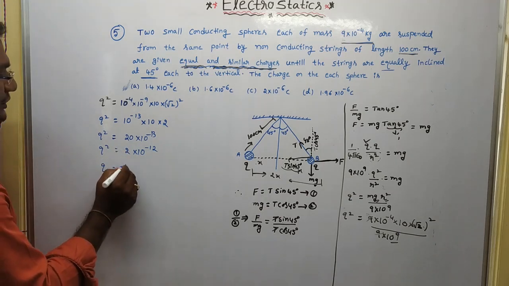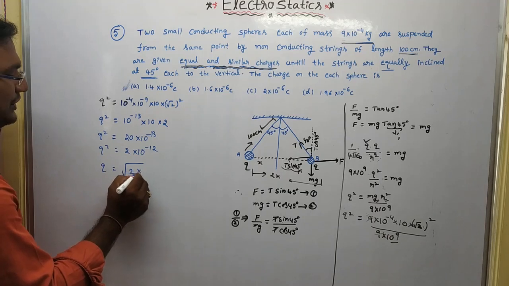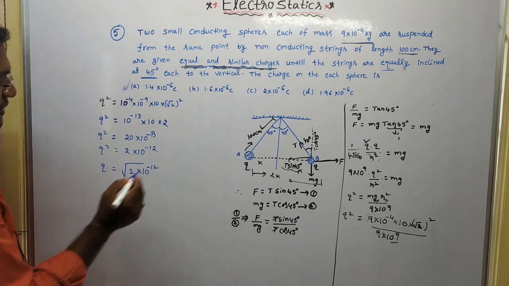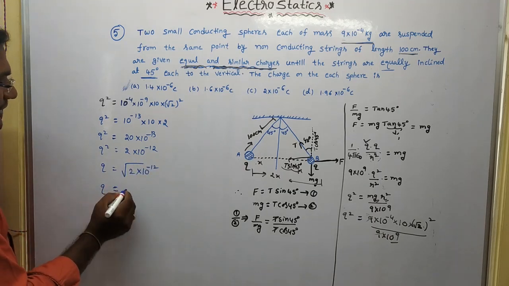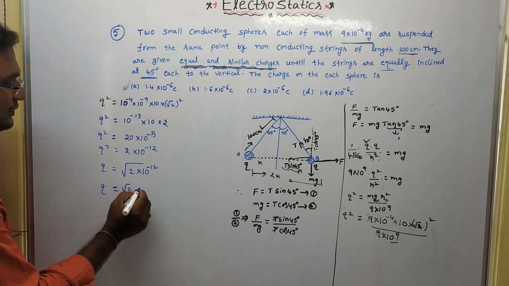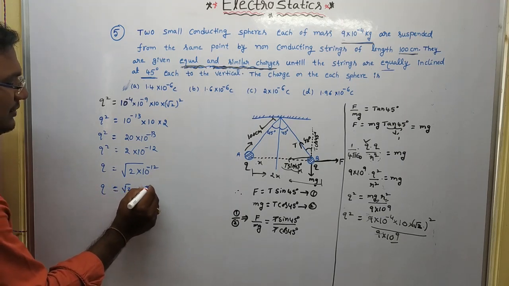Therefore, q equal to root of 2 into 10 power minus 12. Therefore, q equal to root 2 into 10 power minus 6.